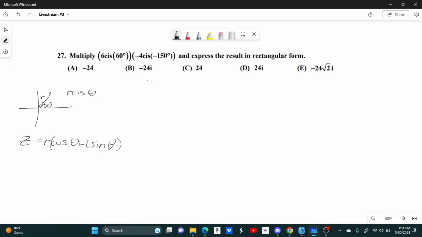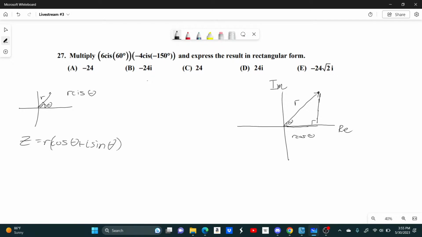Because you can imagine if you had this on the complex plane, here's your real axis, here's your imaginary axis. Boom, here's your complex number. And I drop this down. If that has length r, that's angle theta. Then my real part is just the length of this leg down here, which with trigonometry would just be r cosine theta.